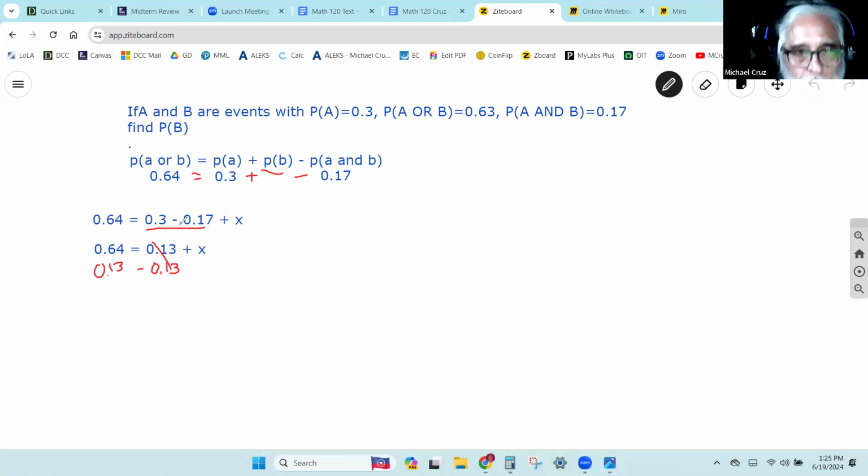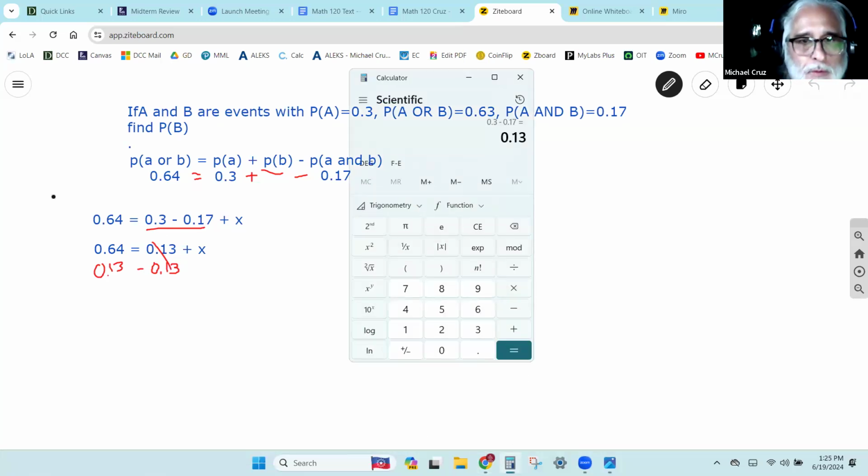When we do that, these will be gone. I'm doing the opposite to get rid of it over there, so I do the same thing over here. So 0.64 minus 0.13.